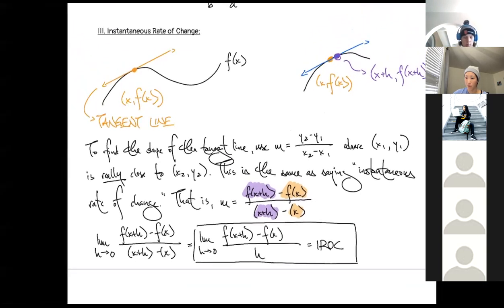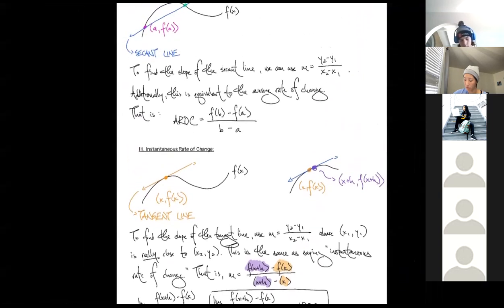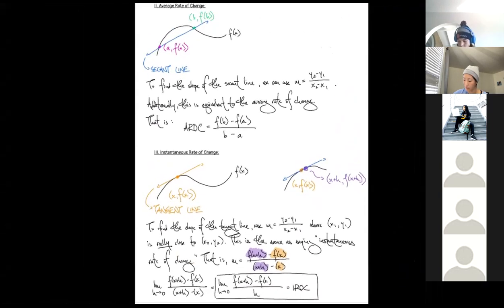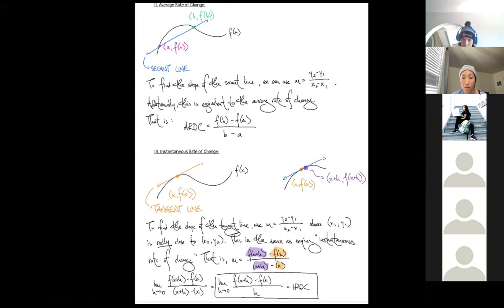So before we move to 3.2, let's take a look at both these pictures on the same page real quick. What is one takeaway that folks have from the comparison of average rate of change versus instantaneous rate of change? The takeaway could be something you learned about how to compare them.